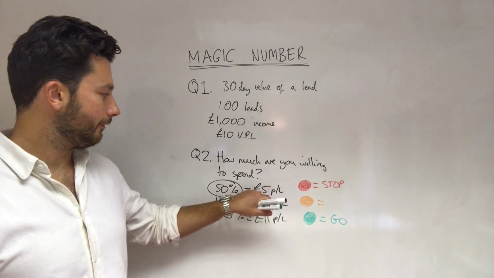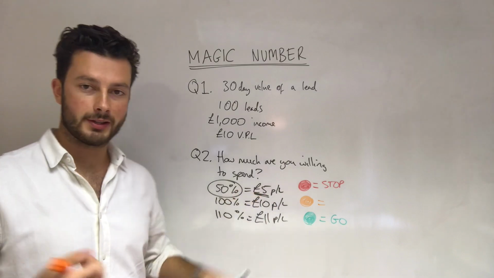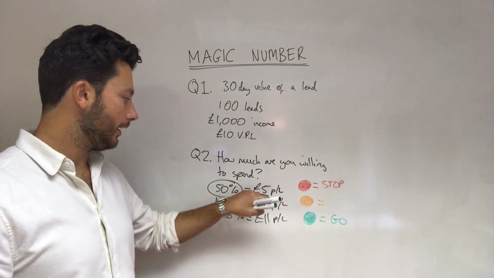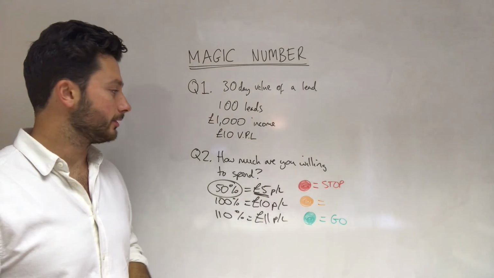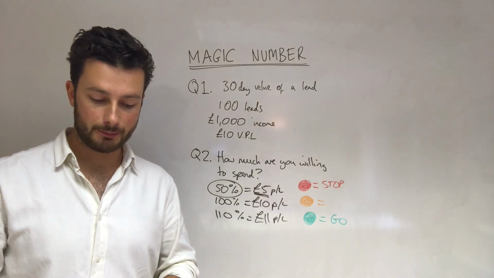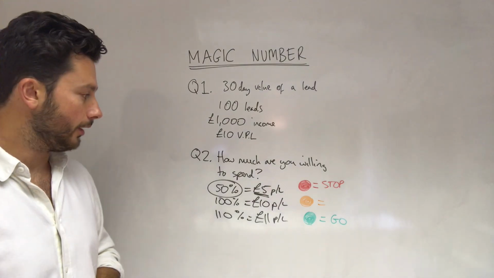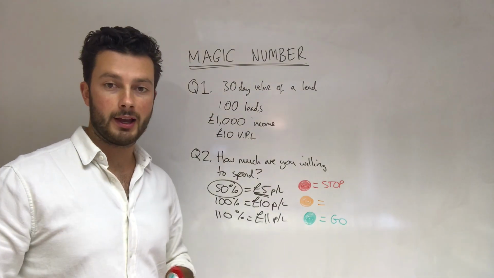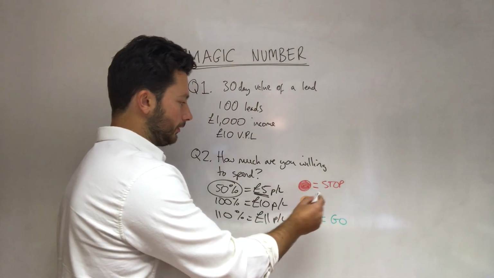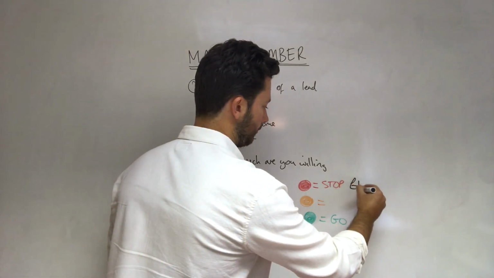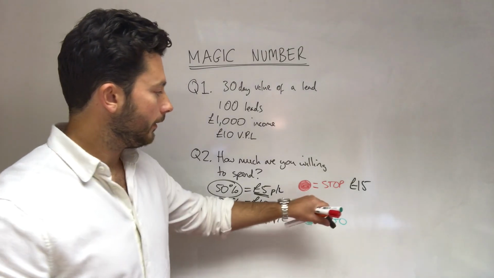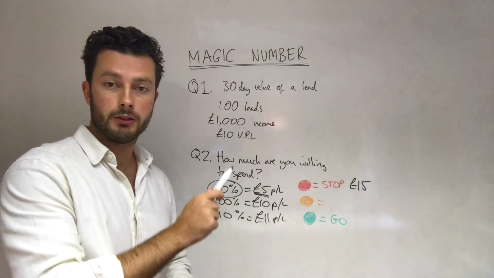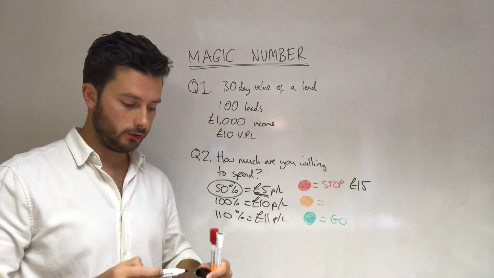So let's say for example there's an advert and our target is £5 per lead, but it's coming in at £15 per lead, then what we do is we give that a big red mark. So let's say for example 15, I don't know if you guys can see that, you can. At £15 we can turn that ad set off.